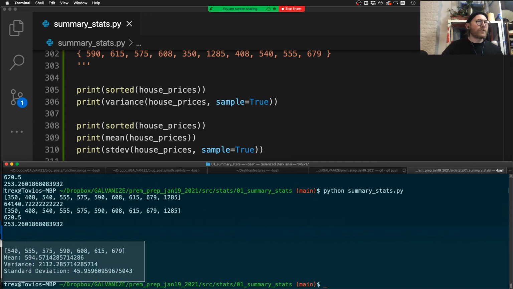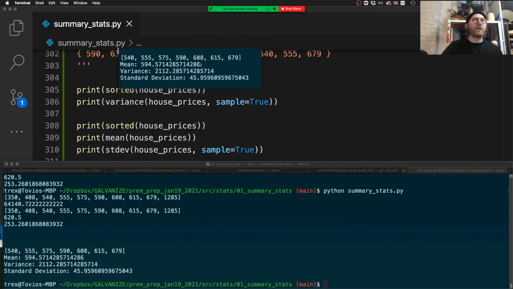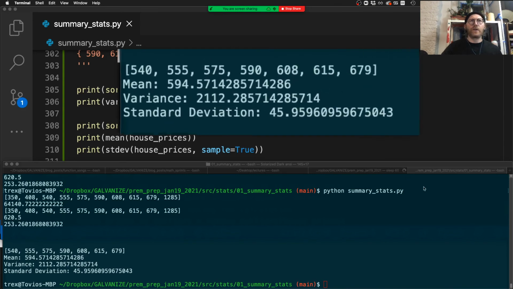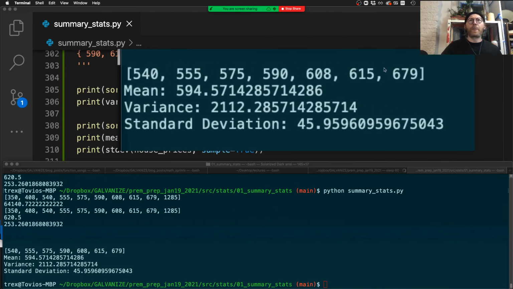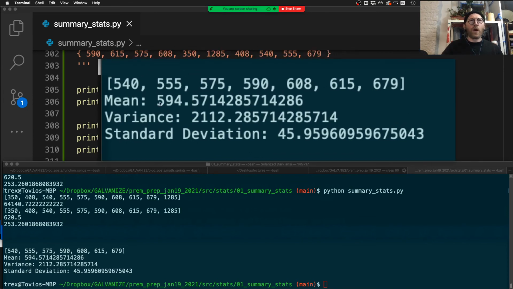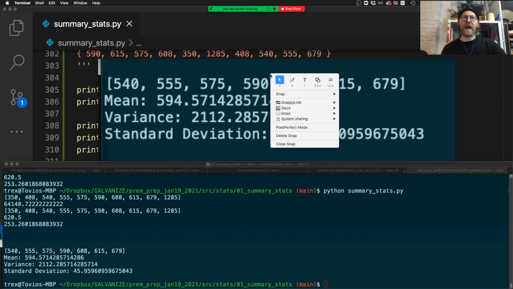So look at how dramatically that changed our variance and our standard deviation. Of course, those are completely related to each other. It also altered our mean. So not only did we remove the extreme values, but our mean became more centralized to the data in question.